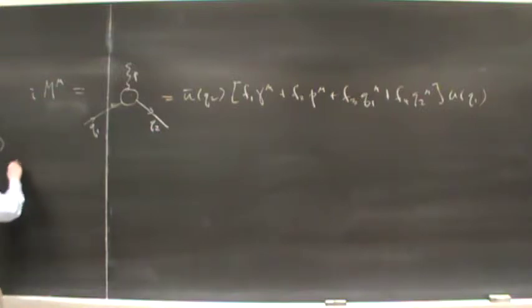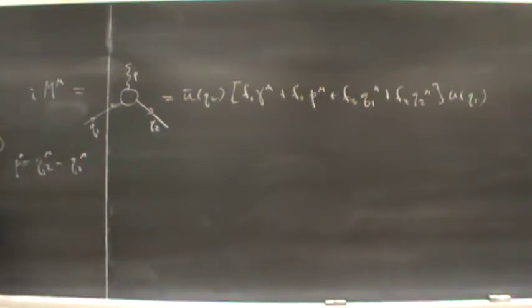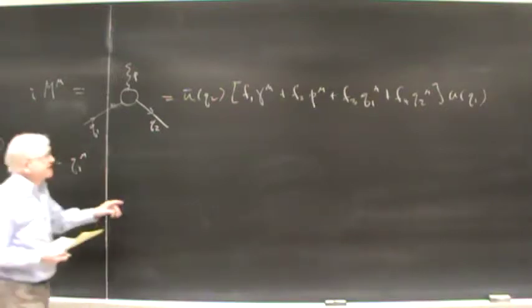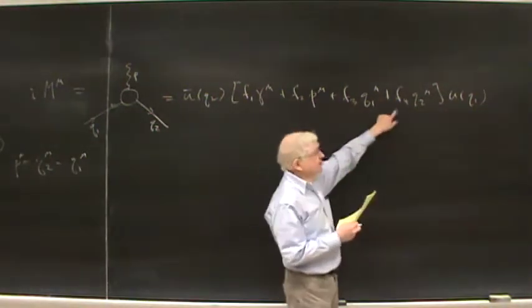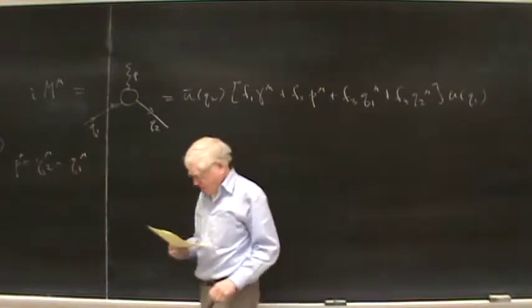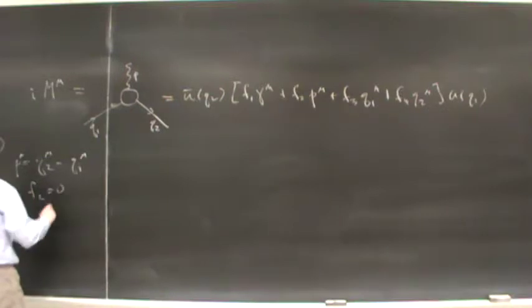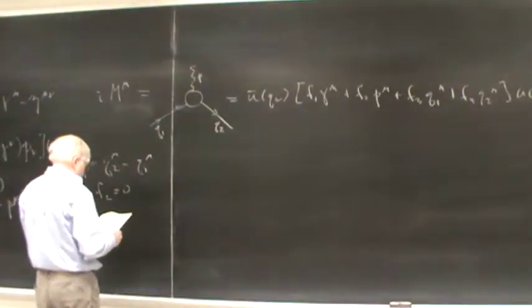Now, of course, p is explicitly q2 minus q1 by momentum conservation. So in other words, we can set this term equal to 0 because we can always represent any p^μ term in terms of q1 and q2. So we're going to set F2 equals 0.